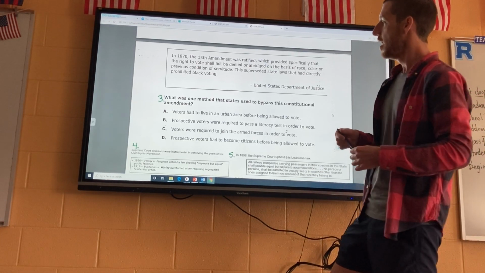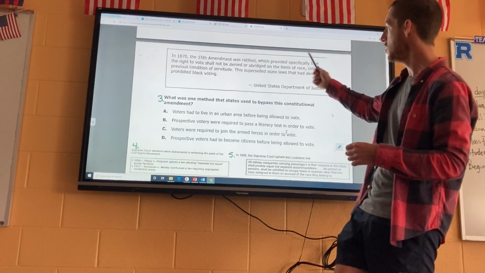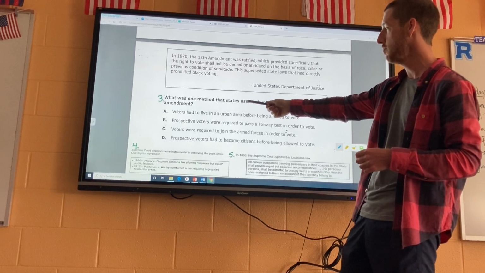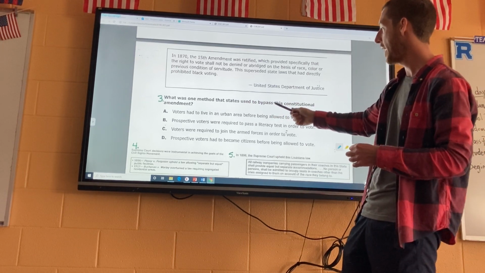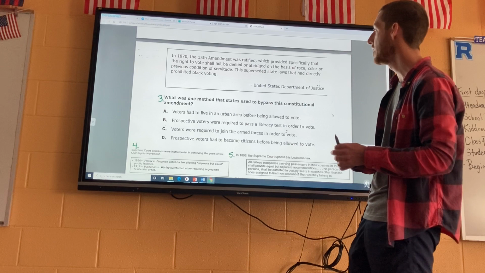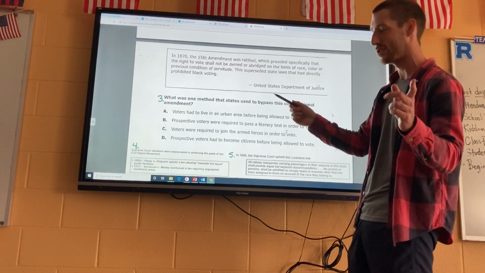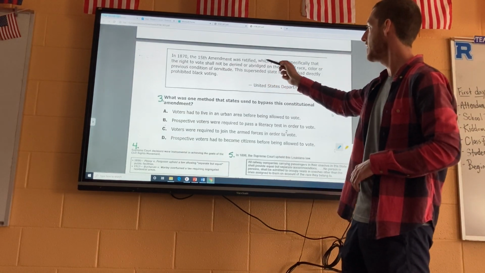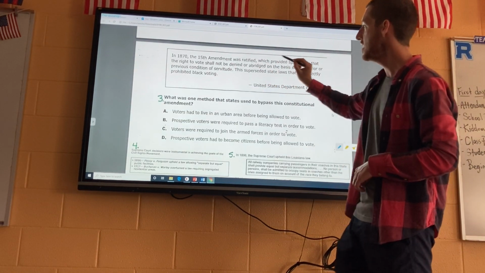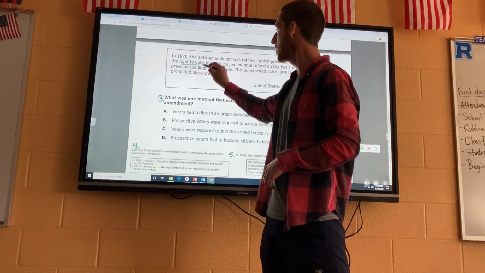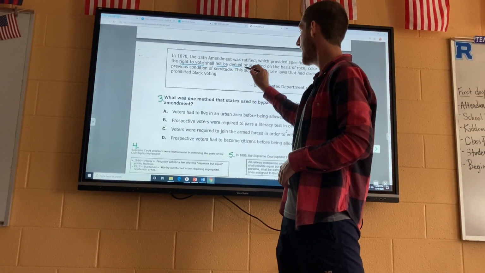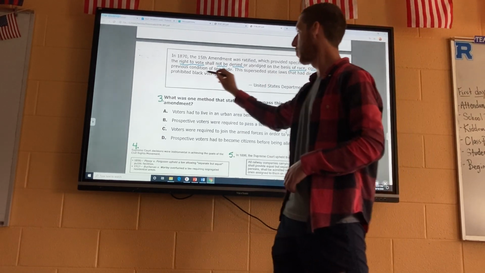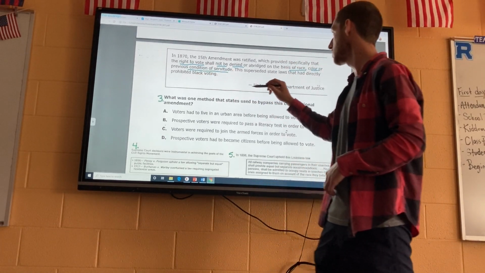Okay. In 1870, so there's no title here, but let's take a look at this. What was one method that states used to bypass this constitutional amendment? So here's what it says. You're going to have to just read this one. In 1870, the 15th Amendment was ratified, which provided specifically that the right to vote shall not be denied on the basis of race, color, or previous condition of servitude.